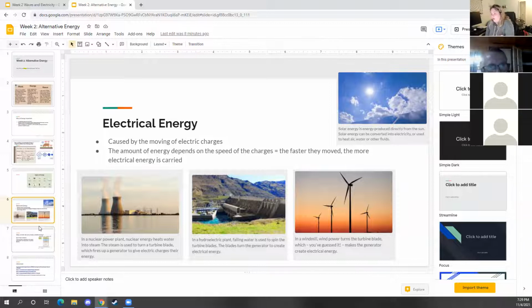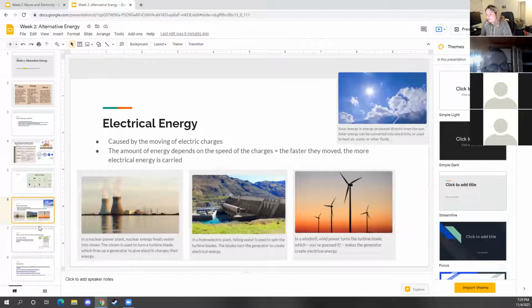In the first example, a nuclear power plant, nuclear energy heats water into steam. The steam is used to turn a turbine, which fires up a generator to give electric charges their energy. In that example alone, there are a couple things I want you to know. The first sentence, nuclear energy heats water into steam, is thermal energy, right?